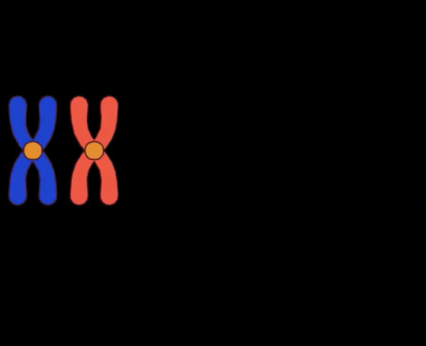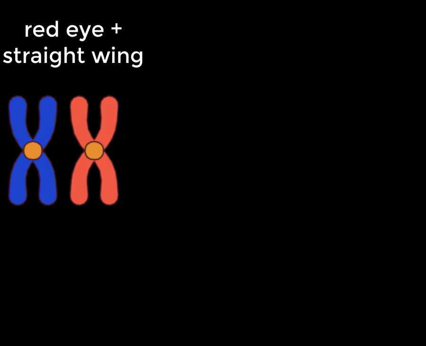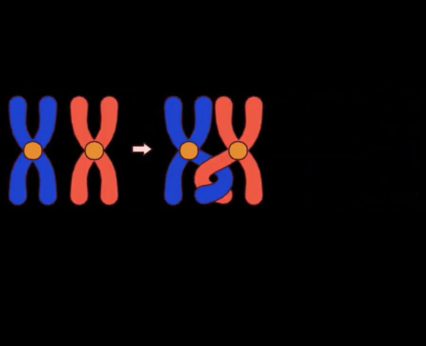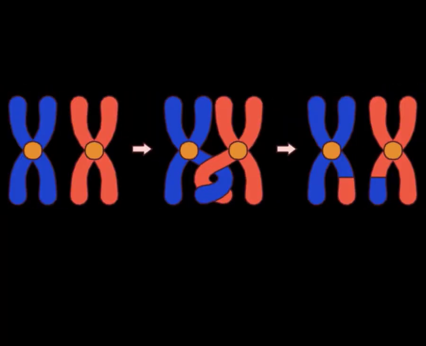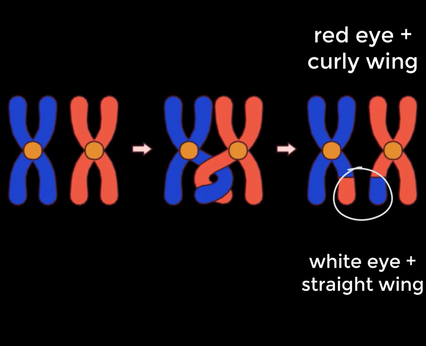Let's say from generation to generation that red eyes and straight wings normally go together, while white eyes and curly wings normally go together. Occasionally, the chromosomes cross over and swap segments, and this produces new combinations. So you get red eyes with curly wings and white eyes with straight wings.